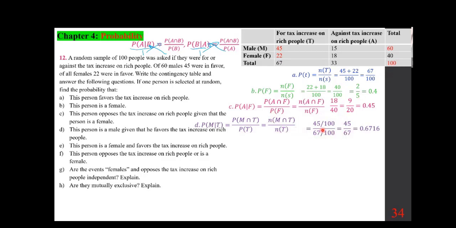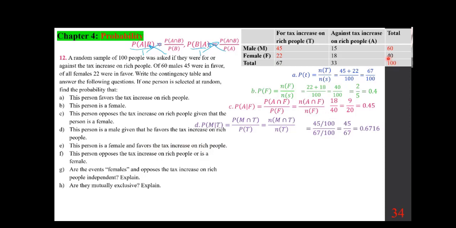This person is a female and favors the tax increase. First and foremost, the moment given is no longer there, you're back to square one and the total sample size of 100. It's important: the sample size only shrinks with the given, with the conditional probability, not otherwise.